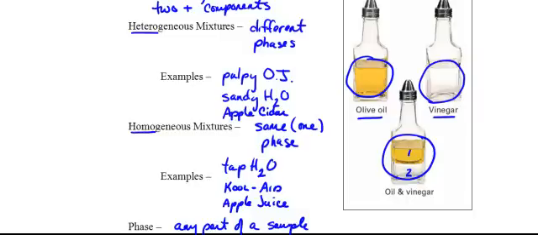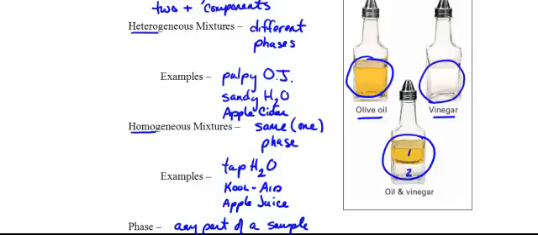I'm sure you can get homogeneous apple cider, but oftentimes, if you get it right at the cider mill, you might have little chunks of apples floating around in there, very, very thin. But if they're in there, it'd be considered a heterogeneous mixture. If not, it'd be considered a homogeneous mixture.